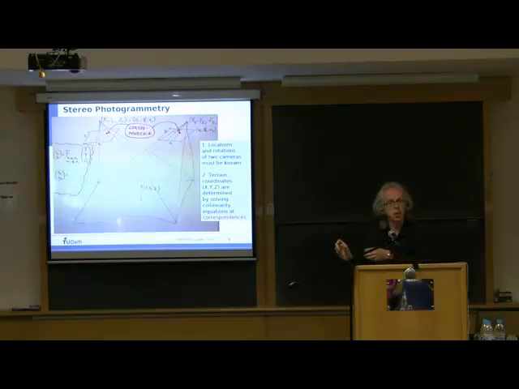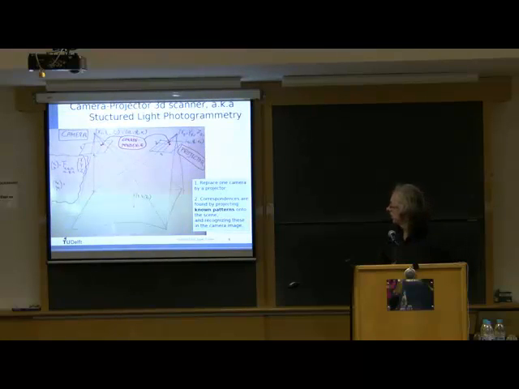The problem is, of course, how to find these correspondences, and the texture in such a flume might be a little bit poor. So somebody got the idea to replace one of these cameras by a projector like this, such a beamer. So what you then get is the famous structured light photogrammetry.